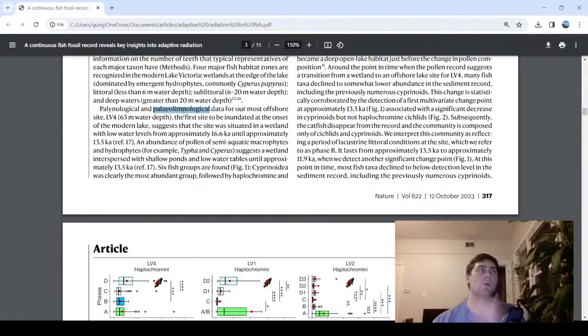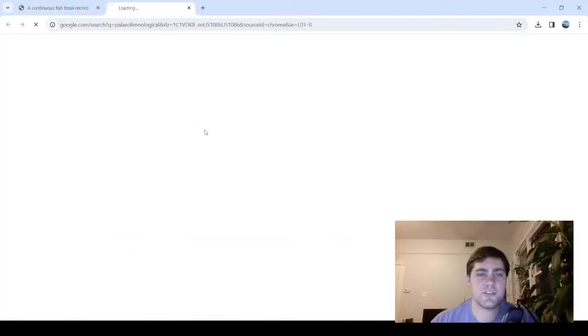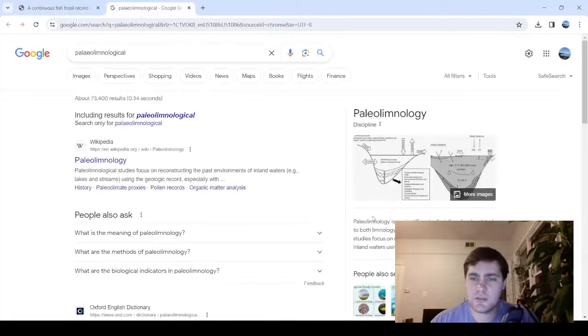Limnological, what would that be? Something to do with rocks, I think. Sounds familiar. Focuses on reconstructing past environments of inland waters. Okay.